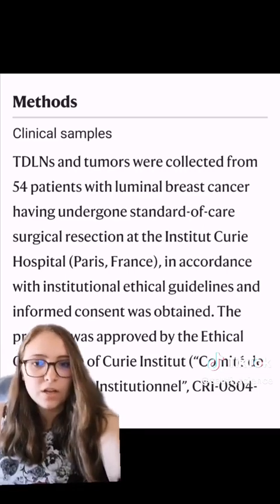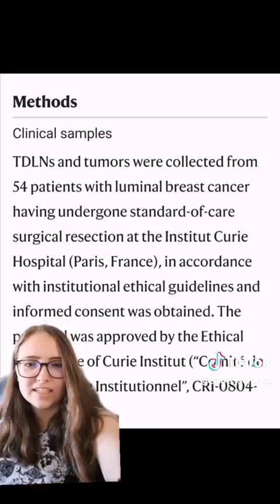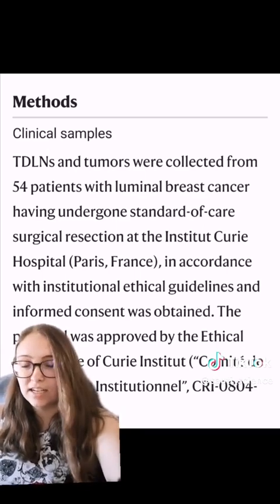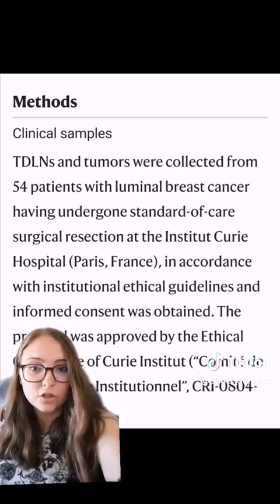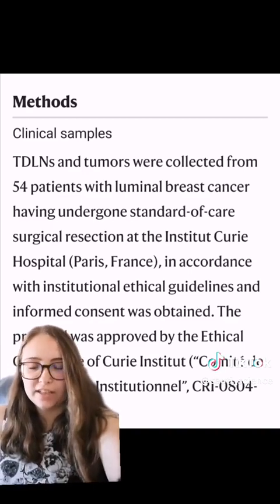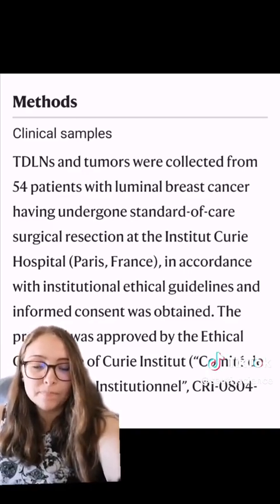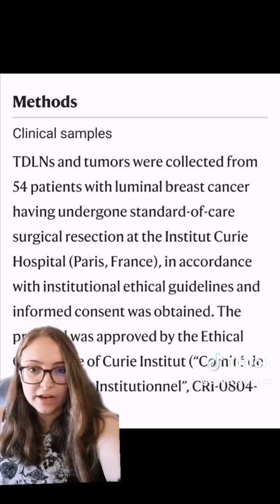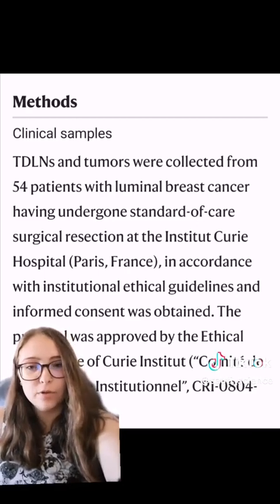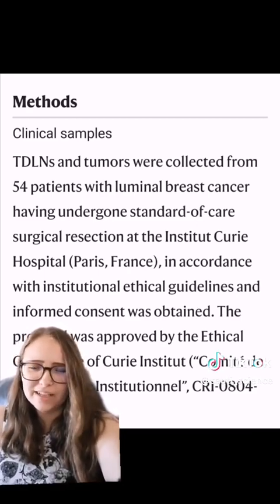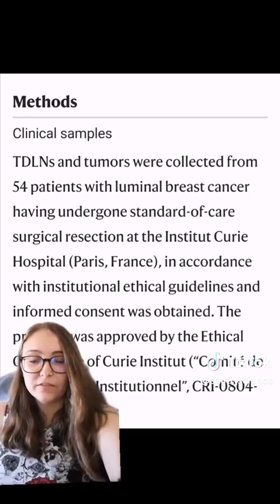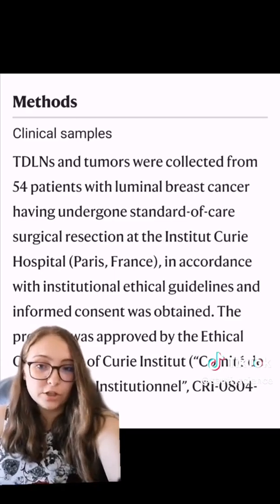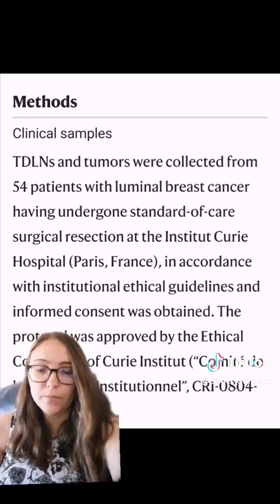This one was only using breast cancer patients, so there's not a ton available, but breast cancer is unfortunately rather common, so they probably could have got a larger sample size, but whatever.